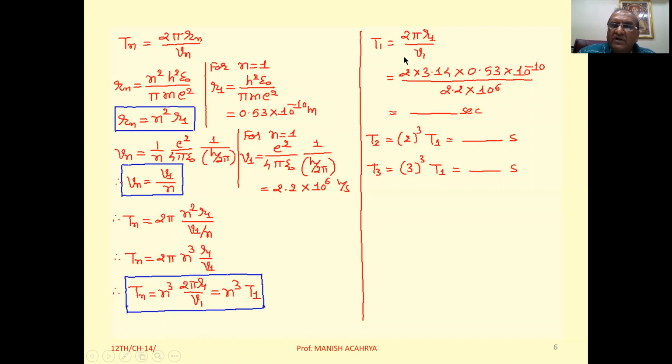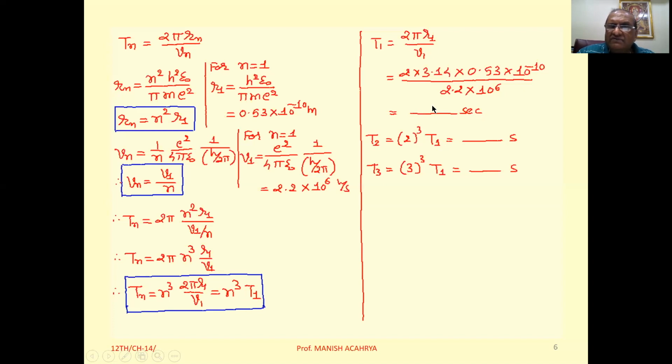Now calculate the value of T1 separately first. So 2 pi R1 upon V1, R1 is 0.53 into 10 raised to minus 10, V1 is 2.2 into 10 raised to 6, and you will get the answer here. Then suppose you want to calculate T2, means take here n equal to 2. So n cube, so 2 cube into T1.